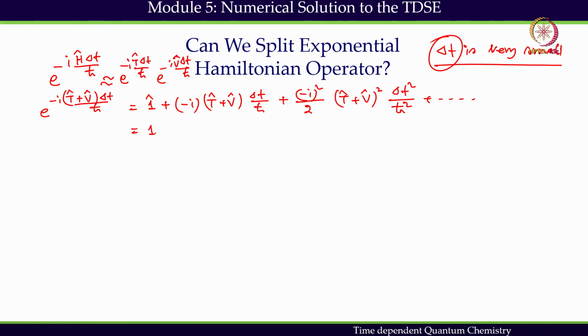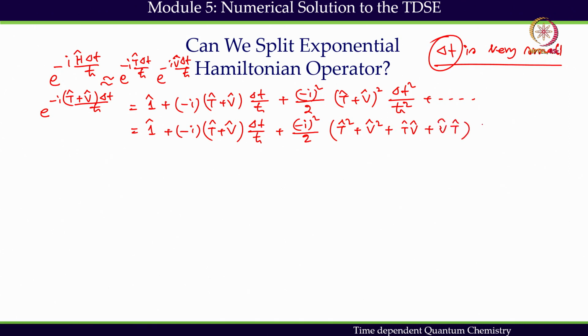We just reorganize a little bit: plus (minus i (t plus v) delta t by h cut) whole square by 2. This is going to be t square plus v square plus tv plus vt, delta t square by h cut square, and so on.